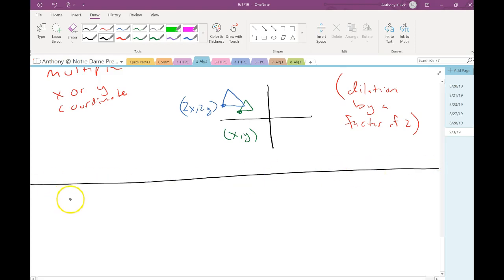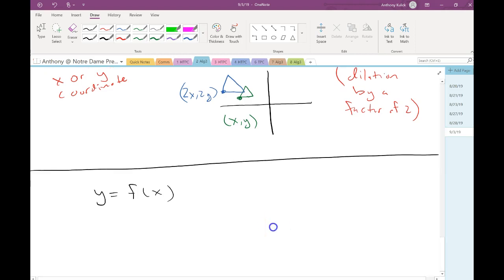So remember that a function is just a set of ordered pairs, right? Everybody remember that? Okay. And remember that we can represent a function with function notation. Everybody okay here? So f is some generic rule.